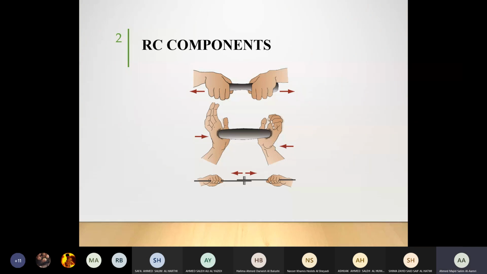Because of the components of concrete. What are the components of concrete? Because the load always comes from up. What about the steel?